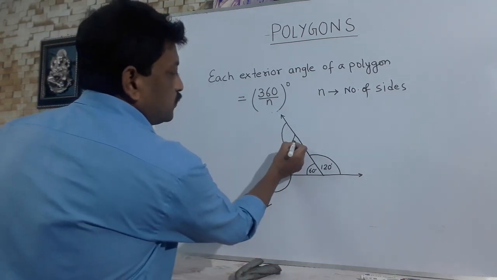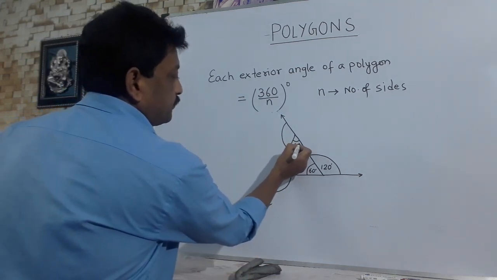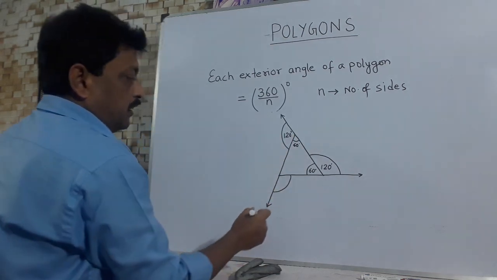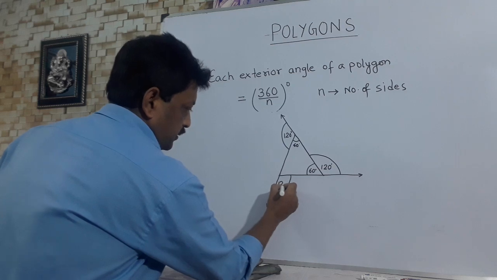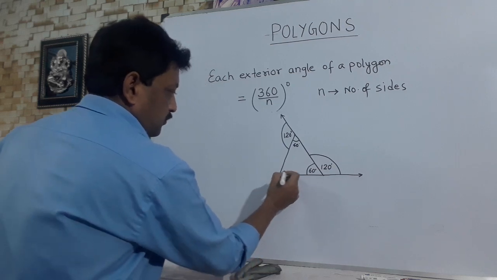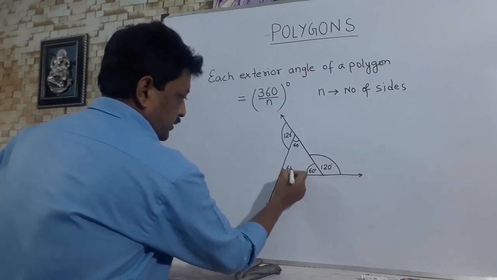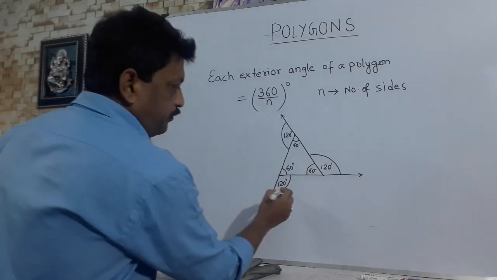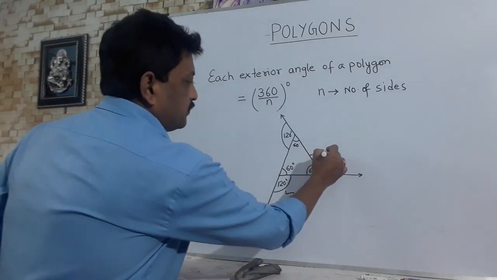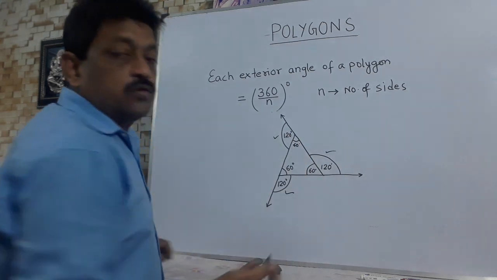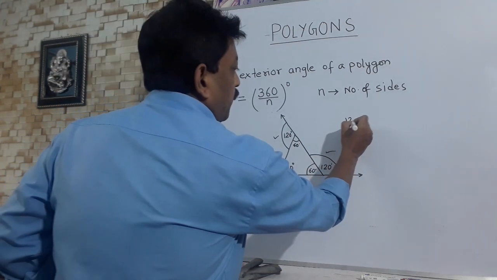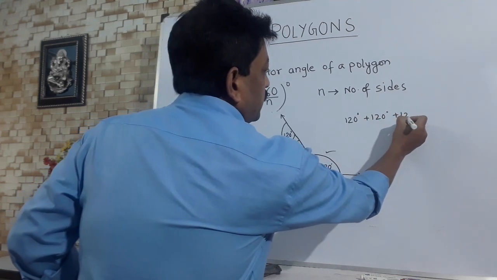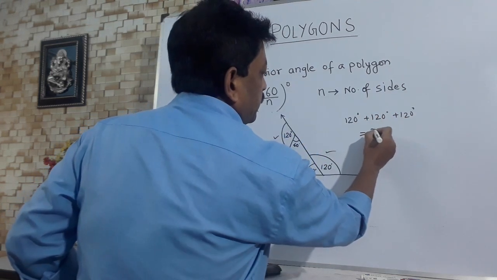Similarly, here also the angle is 60 degrees, therefore the exterior angle is 120 degrees, and so is this angle. Now if we add all these three exterior angles, the sum will be 120 plus 120 plus 120, that is 360 degrees.